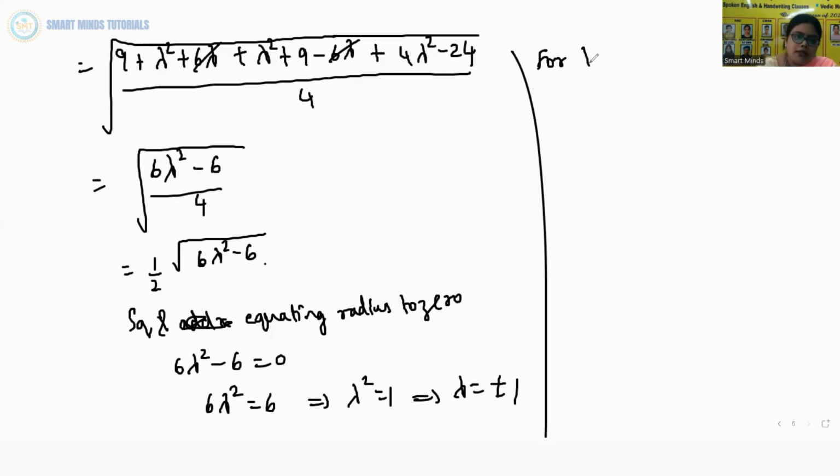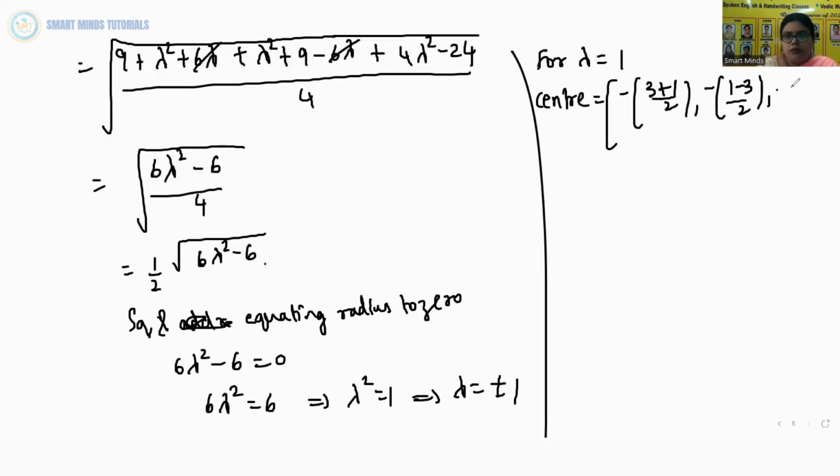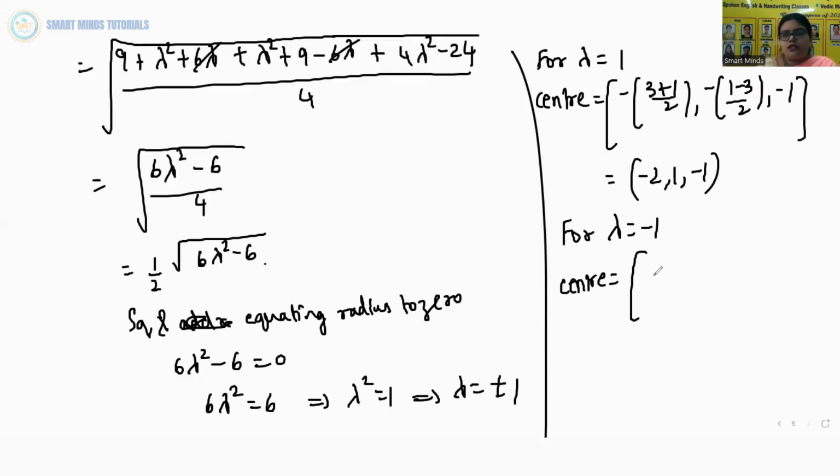Now for lambda equal to plus 1, we substitute the lambda value in the center. Center is minus of 3 plus 1 by 2, minus of 1 minus 3 by 2, minus 1. So that is minus 2 comma 1 comma minus 1. Now for lambda equal to minus 1, what is the center? We substitute lambda as minus 1 in the center value which we got.